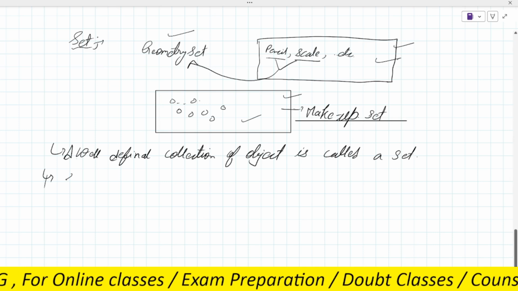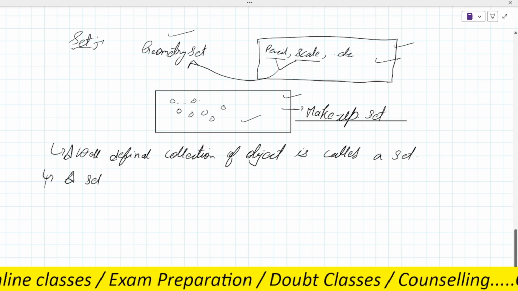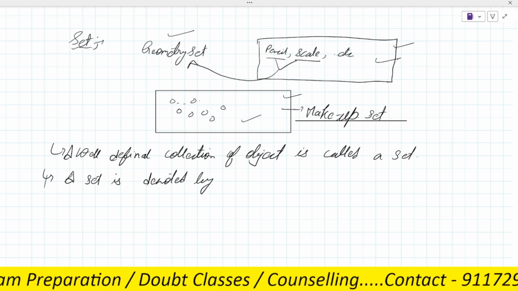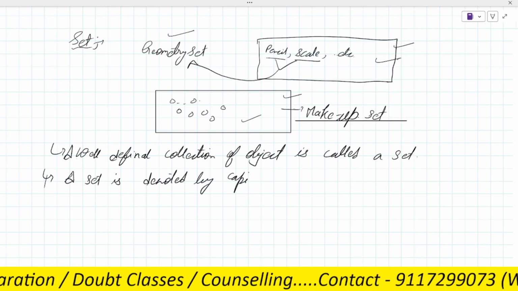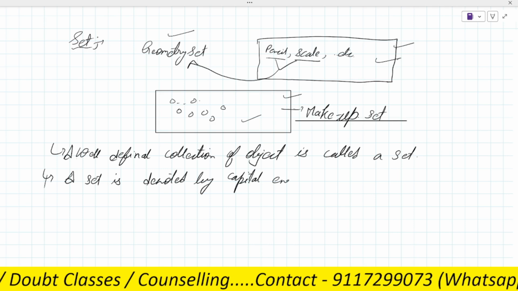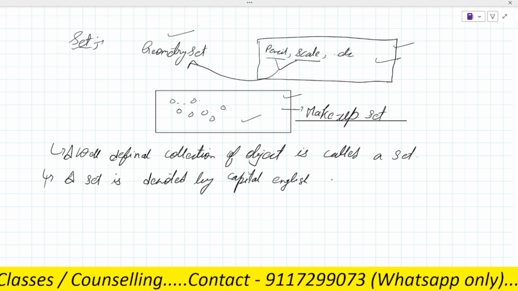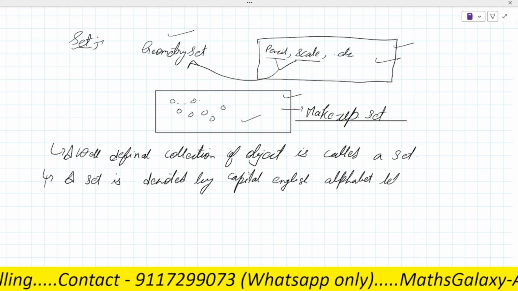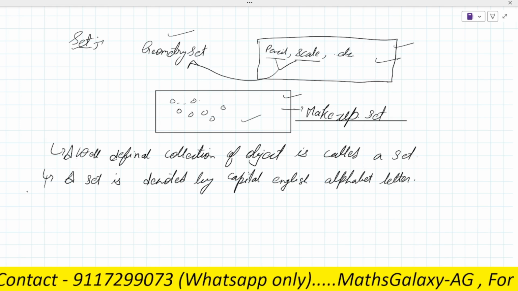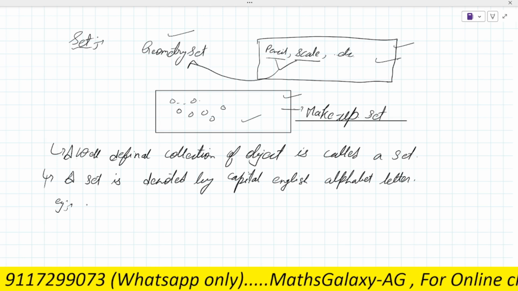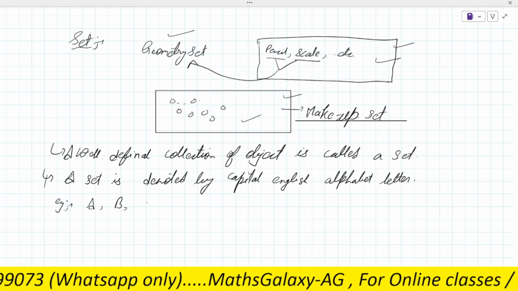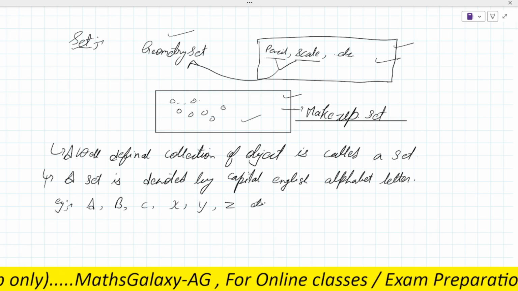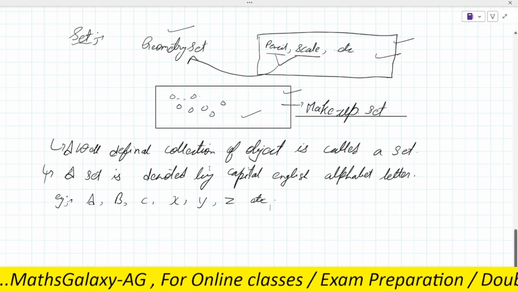Capital. Very good. A set is denoted by a capital English alphabet letter. For example, set A, B, C, X, Y, Z, etc. Is it clear?